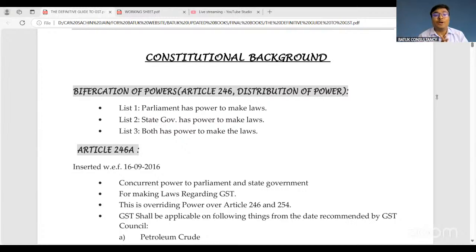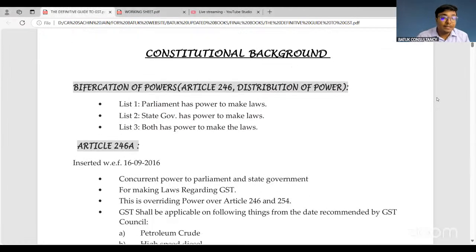As we all know, there are three lists in our Constitution. One is List One, in which the Parliament has power to make the laws. The second list is one in which the state government has power to make the laws, and the third list is one in which both, that means the Parliament and the state government, have power to make the laws.